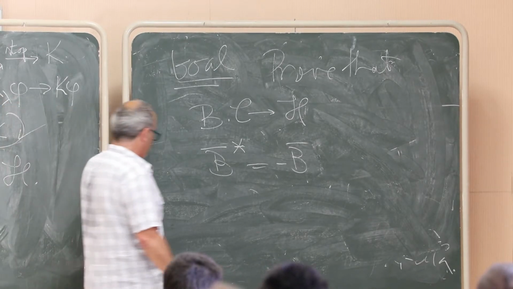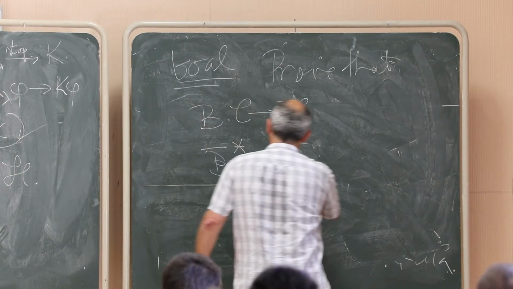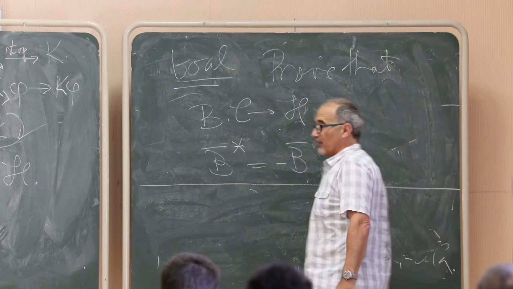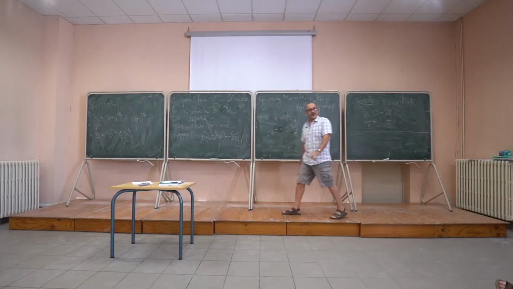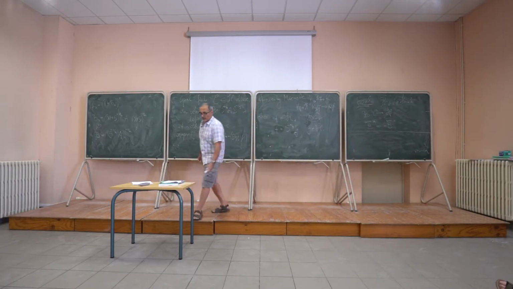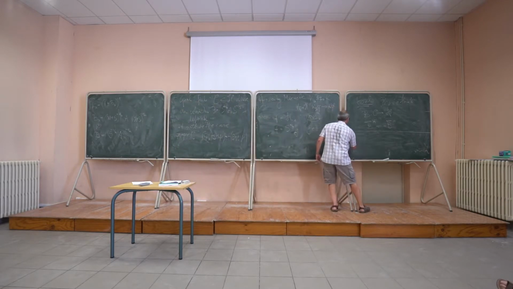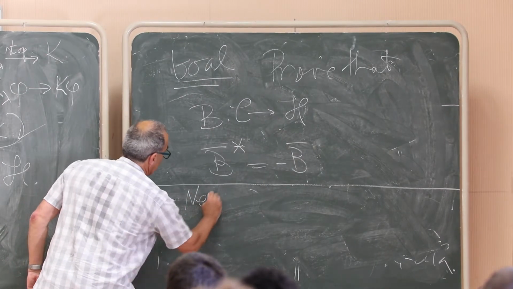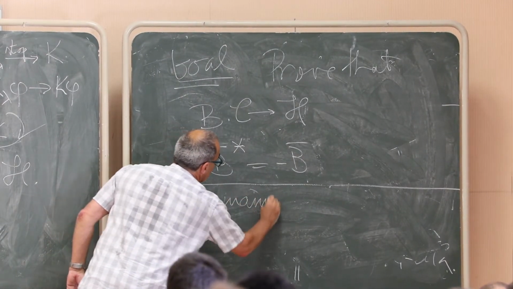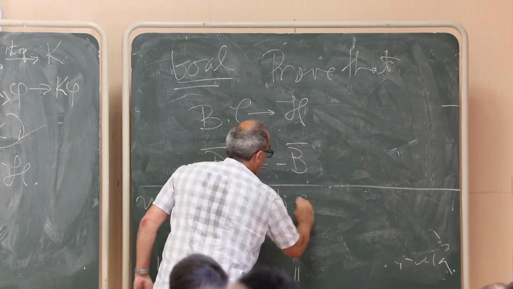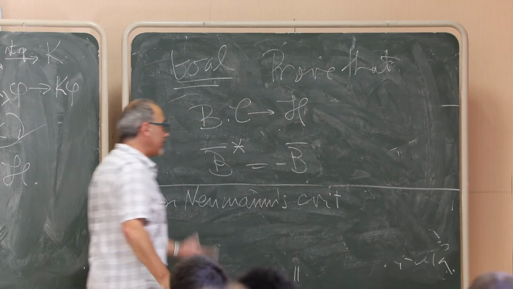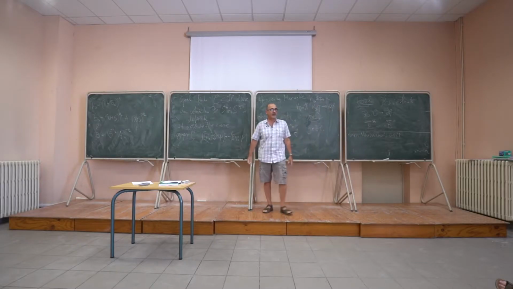And there is a way to do that. This is von Neumann's criterion, and this is the last word in functional analysis I tell you now. Von Neumann's criterion for self-adjointness, translated to skew self-adjointness.